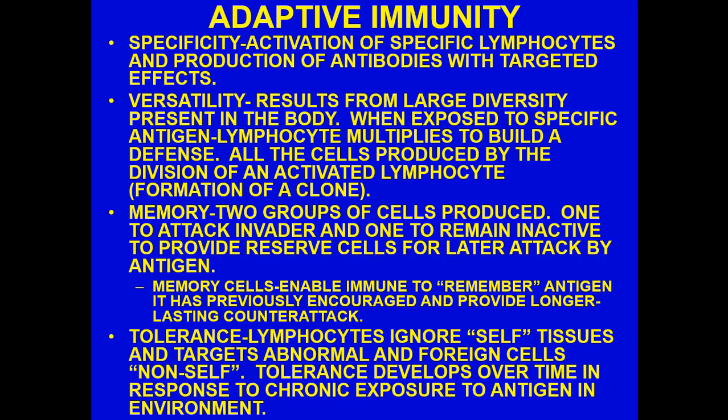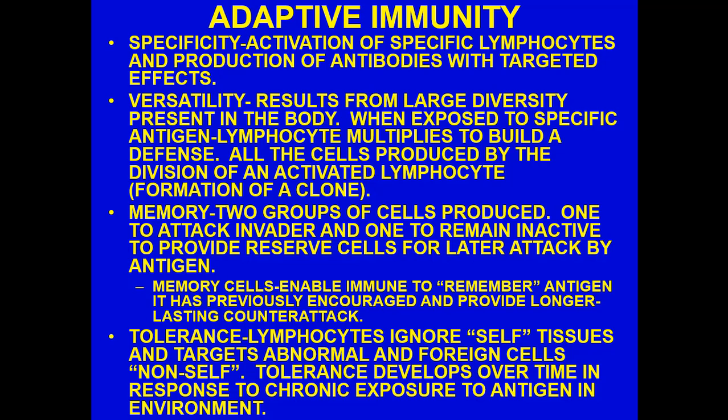Now, tolerance will develop over time in response to chronic exposure to an antigen in the environment. This is where you get the unique capability to start teaching the immune system, and this happens in a few cases when they try treating individuals for, let's say, cat fur allergies. They try to induce sort of a tolerance so the immune system doesn't react severely against some of these antigens, okay?